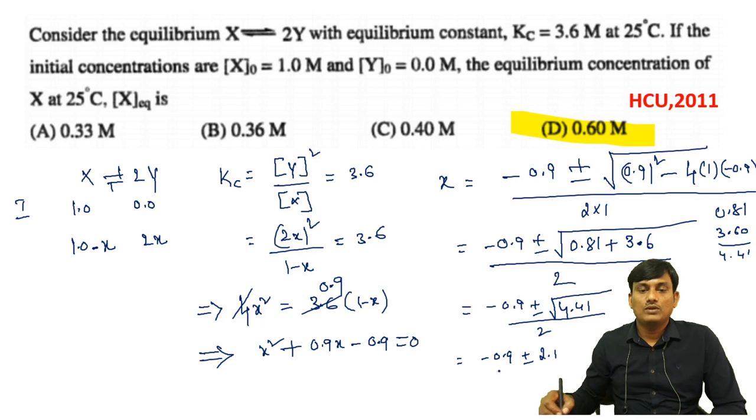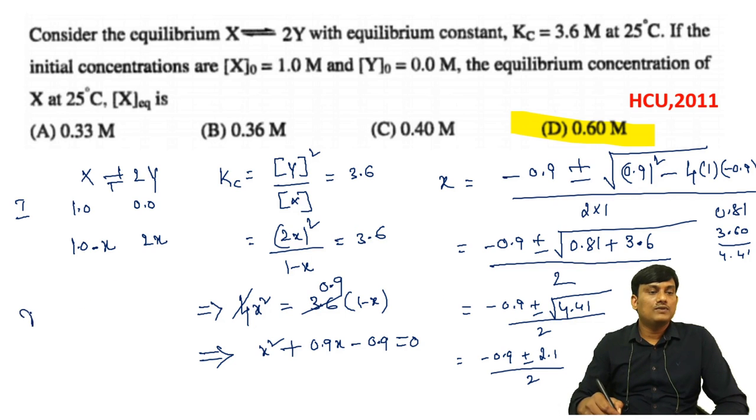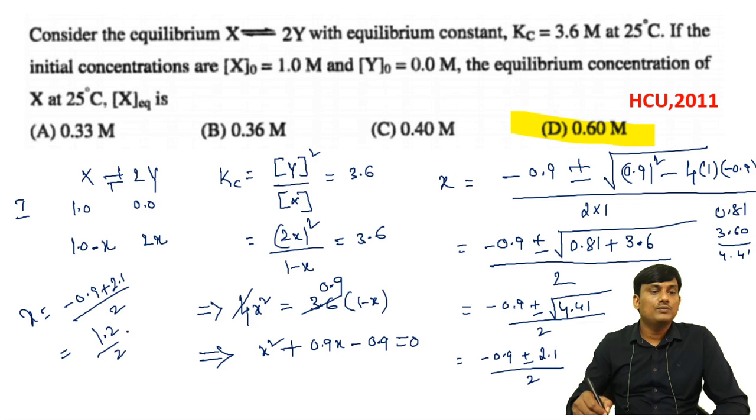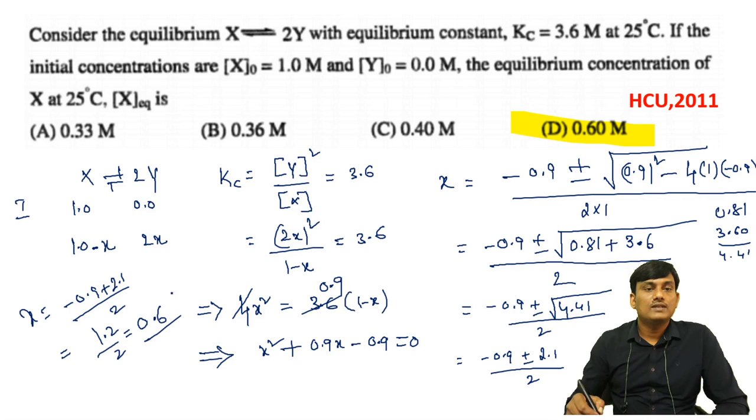Let's take the plus value. x is equal to minus 0.9 plus 2.1 by 2, and you will get 1.2 by 2, which is 0.6. Now what is the concentration of X at equilibrium?